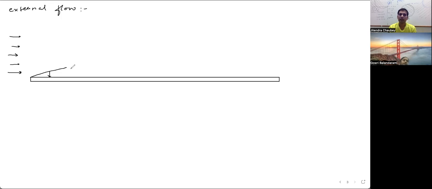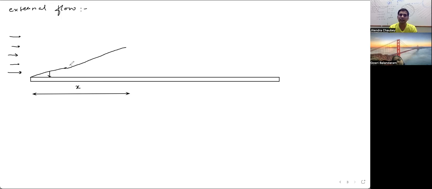The thickness of this layer increases with the propagation of flow. Till a particular distance x from the entrance, from the leading edge, you will find the flow always laminar below this imaginary layer.